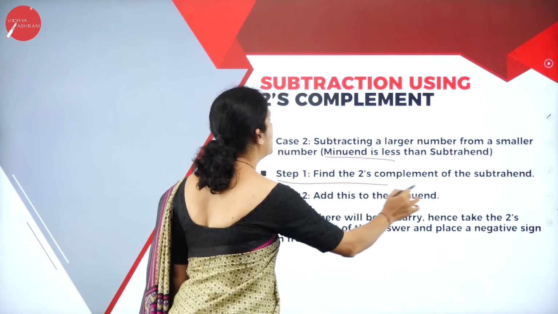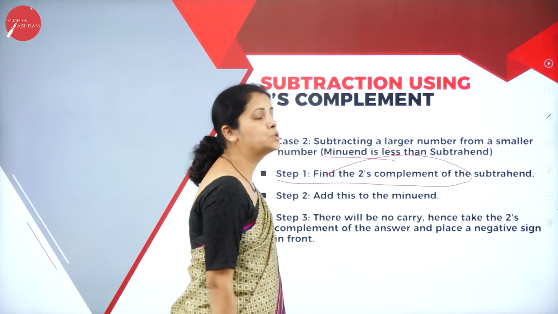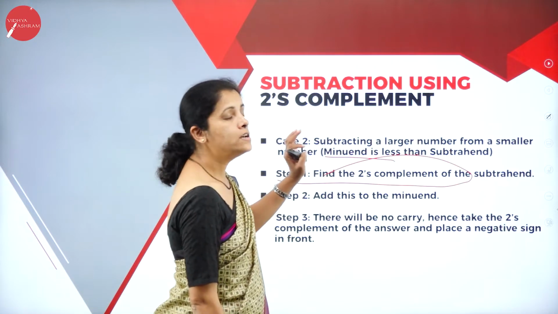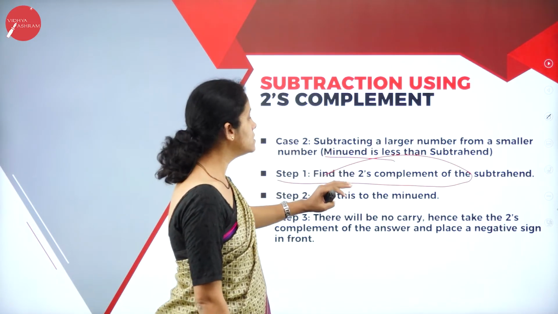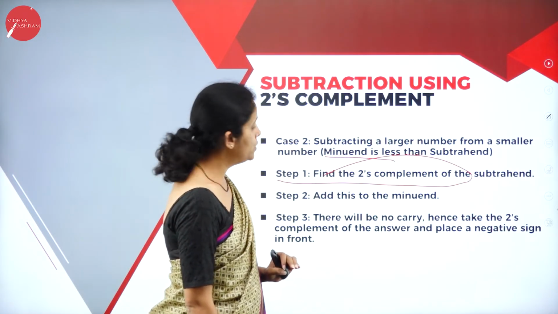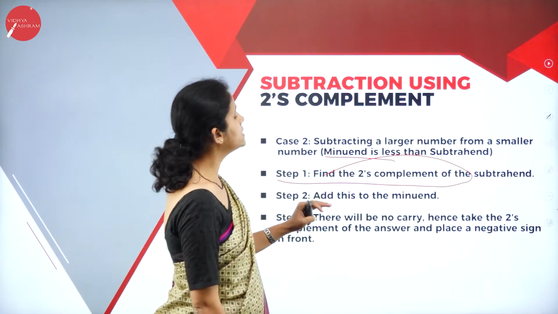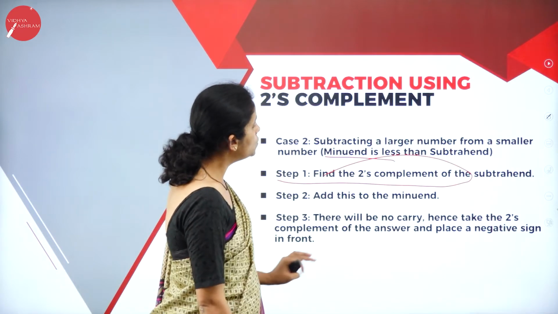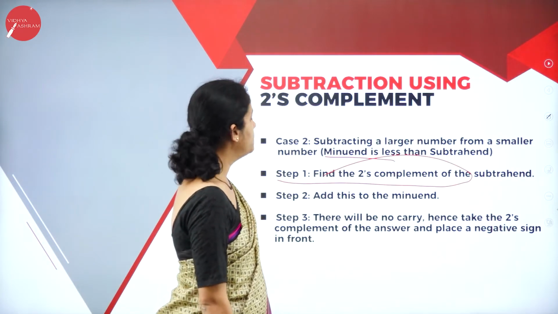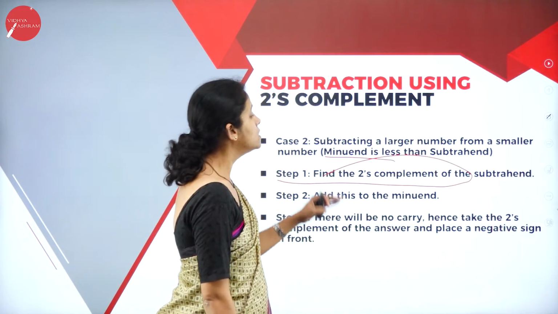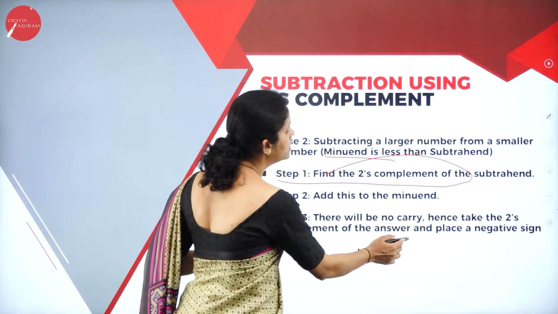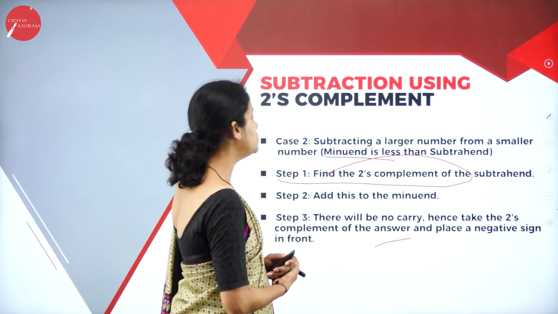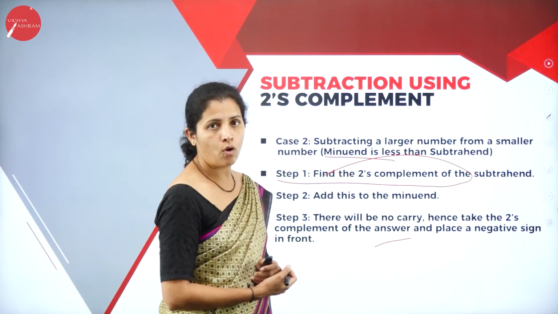First I want to find the 2's complement of the subtrahend and add that 2's complement result with the minuend. If there is no carry, then take the complement of the result and place a negative symbol in front of it.